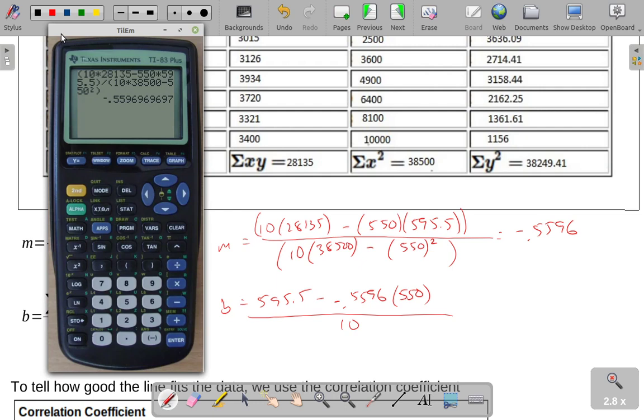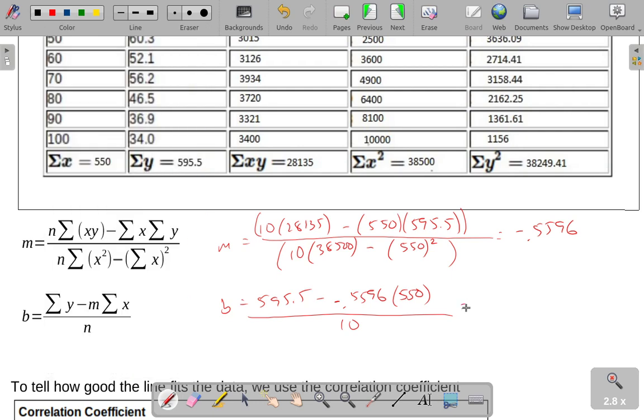I'm subtracting a negative number here, so I'm just going to change that to addition. So on the top part of my fraction, I'll do 595.5 plus 0.5596 times 550. Close that off because that ends the parentheses, the top part of my fraction. Divide that by 10, we get 90.3. Equals approximately 90.3.